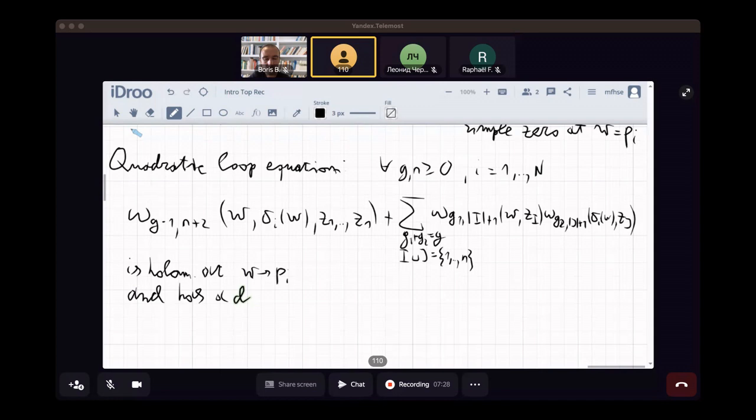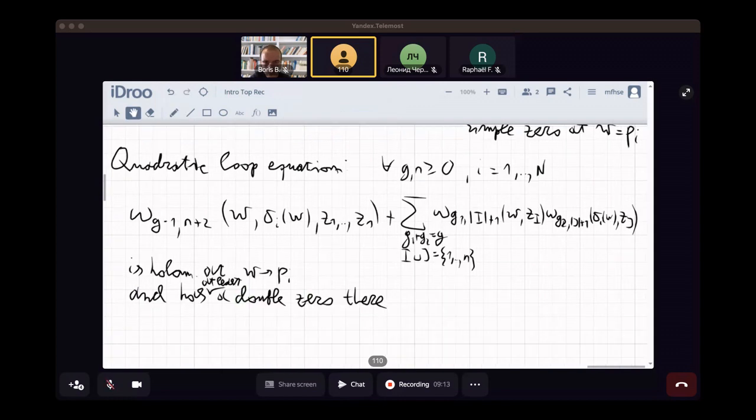Do you remember, in the original formulation of topological recursion, in the similar expression, we did not allow in this sum terms where omega 0,1 appears. But what does it mean if, let's say, this first factor is omega 0,1? What does the second factor become in that case? It's g and not n, but n plus 1, right?